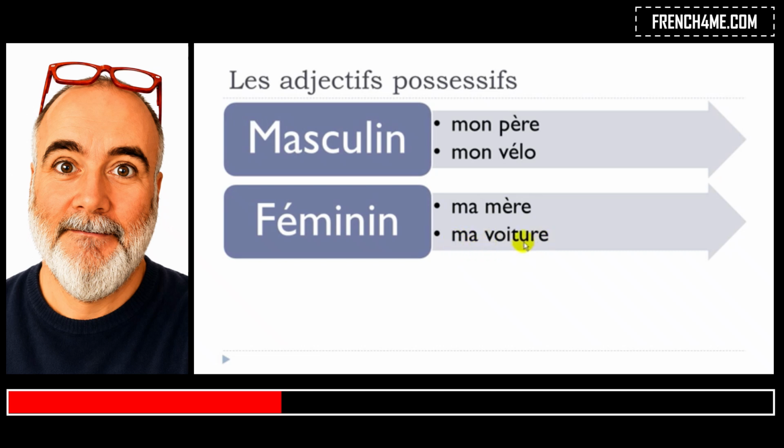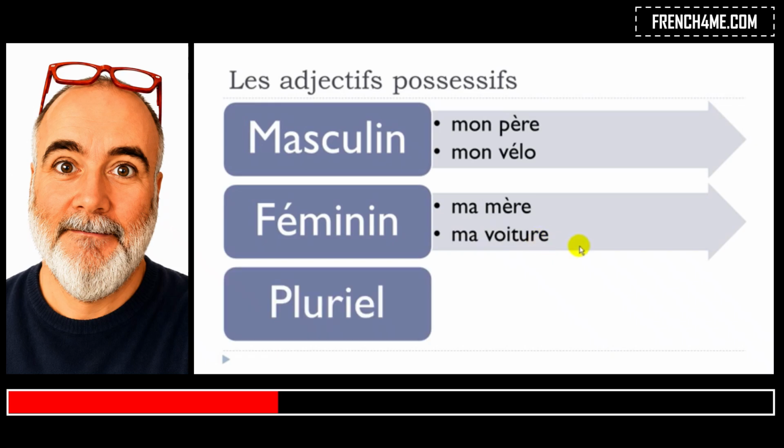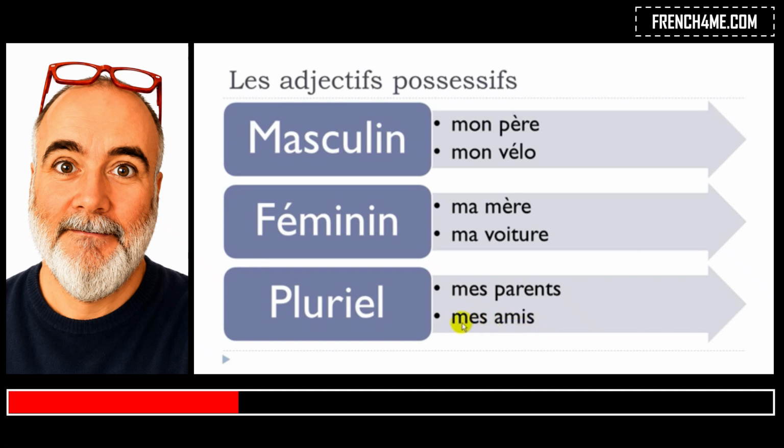And let's see now for the plural. Parents, mes parents, because it's the plural form here. Mes parents. And then amis, friends, it's the plural form, so it's mes amis. And then let's be purist and make this beautiful liaison between these two words. Mes amis.